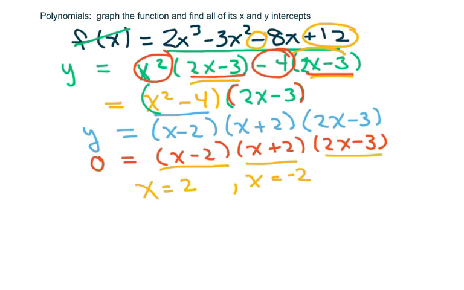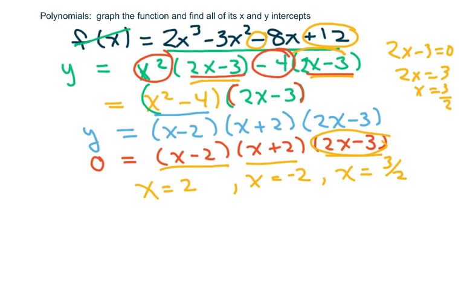And when I set this to 0, this would be x equals 3/2. So you're just setting this to 0 and solving for x. All right. Now, you should really write this as 2 comma 0, negative 2 comma 0, and 3/2 comma 0.